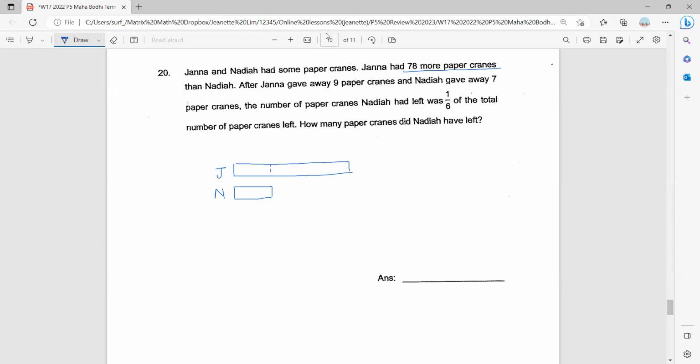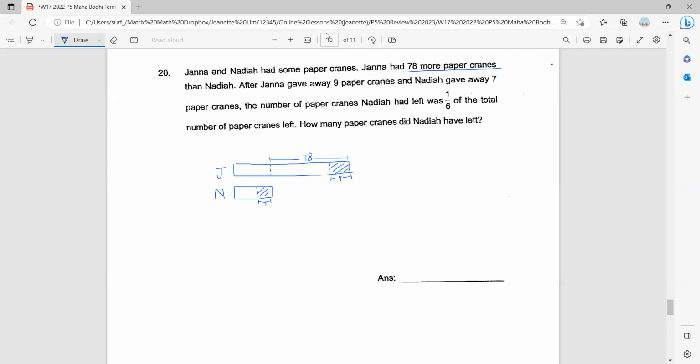Okay, so the difference here is 78. Then Jaina gave away 9, Nadia gave away 7. Okay, let's take away 9 and 7. Number of paper cranes Nadia had left was 1/6 the total number of paper cranes left.